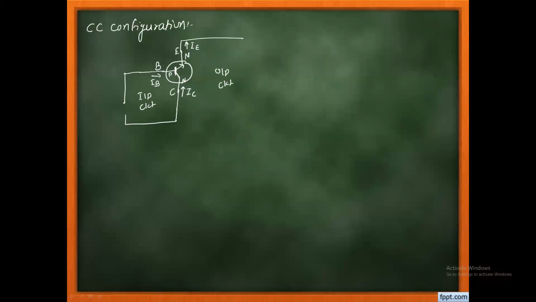It means this P region we have to connect to the negative terminal and this N region we have to connect to the positive. I say it's a battery VBC. And the emitter to base is always connected in forward bias. It means the N region must be connected to negative, and as we don't have that option, that P region we have to connect to this N region here. I say it's a battery VEC.